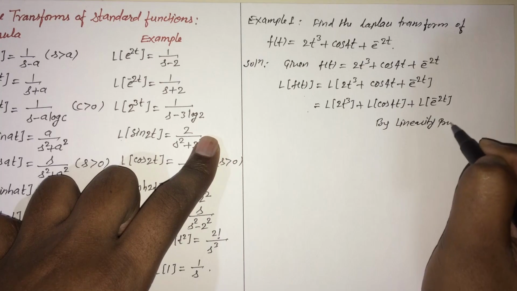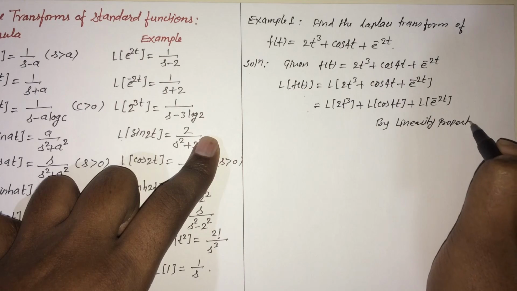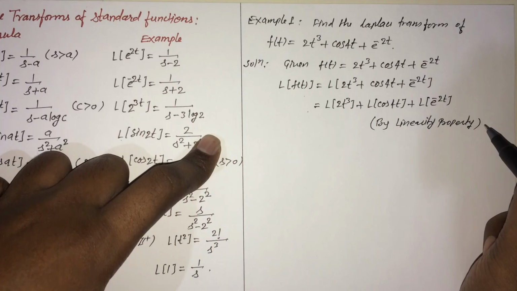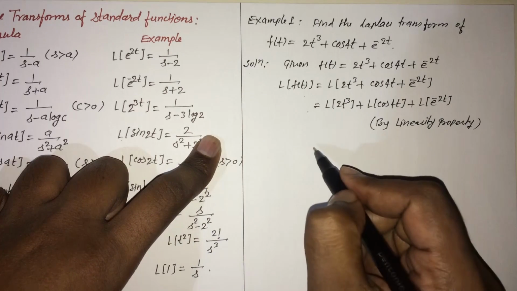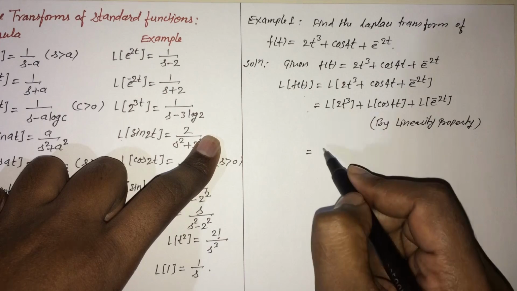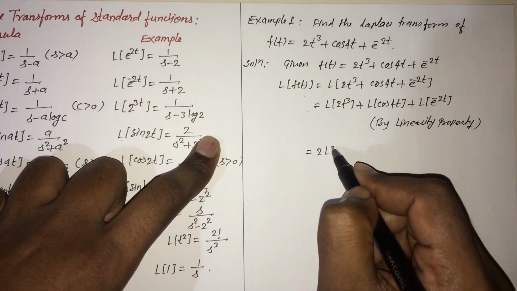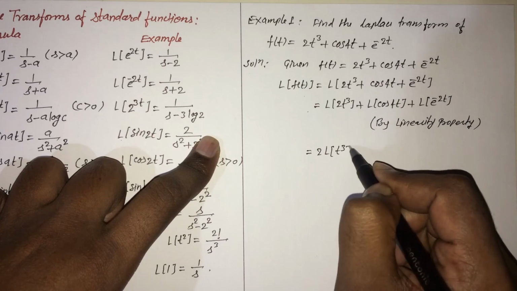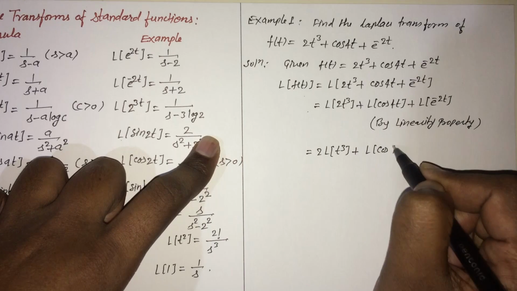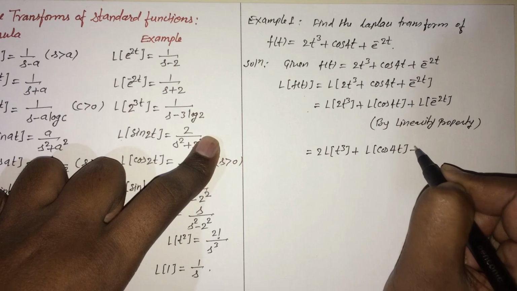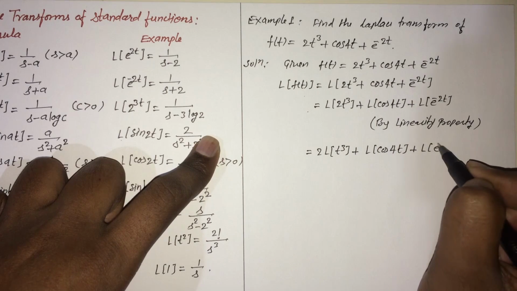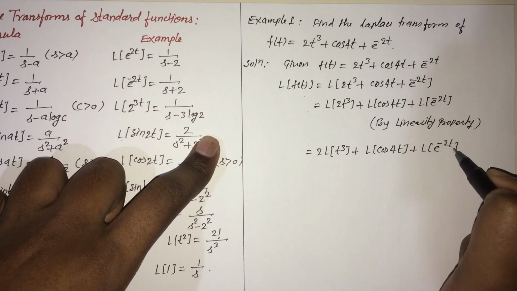Linearity property, as we saw in the last topic. And this equals, here 2 is a constant, taking outside: 2 Laplace transform of t cubed plus L of cos 4t, write as it is, and plus L of e raised to minus 2t, write as it is.